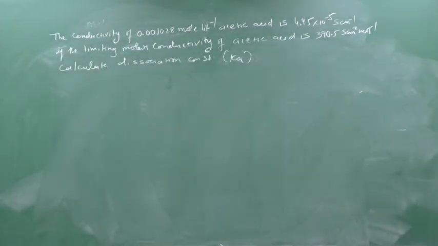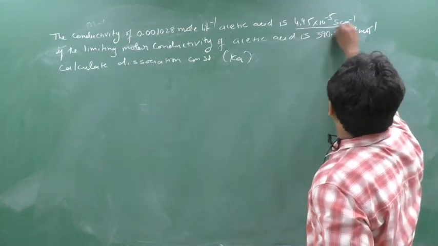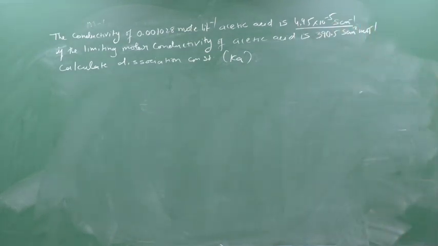We will solve one question based on this: the conductivity of 0.001028 mole per liter acetic acid is 4.95 into 10 to the power minus 5 Siemens per centimeter. So this is the given conductivity K. If the limiting molar conductivity, that is lambda m naught, of acetic acid is 390.5 Siemens centimeter square mole inverse, calculate the dissociation constant Ka.